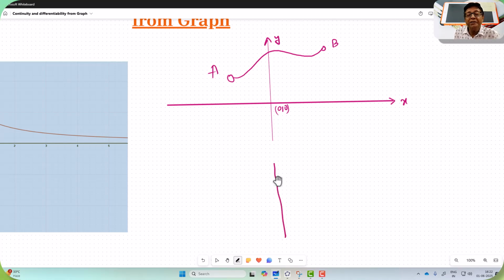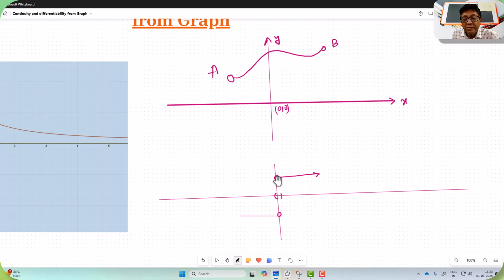But imagine there is a function given in this manner. Is it continuous? No, it is not continuous, and this is a very important function which you have already learned.